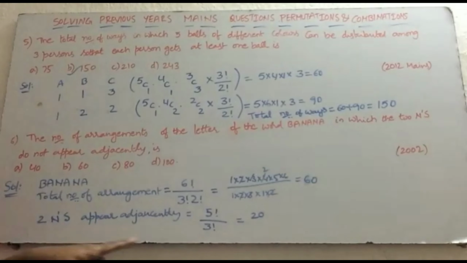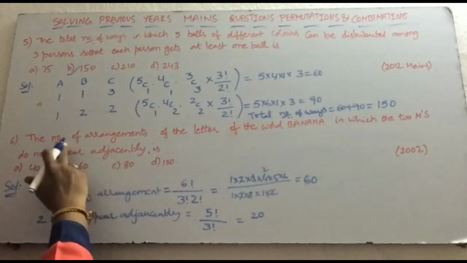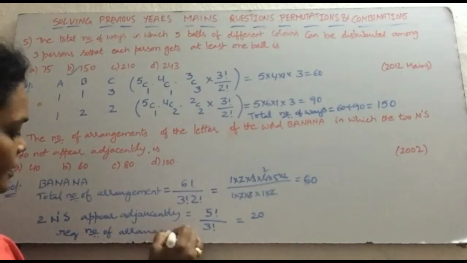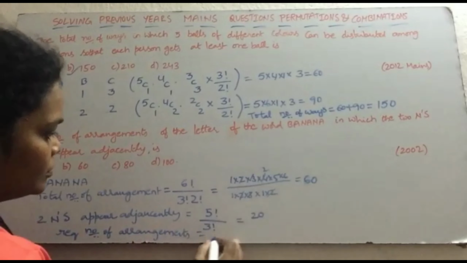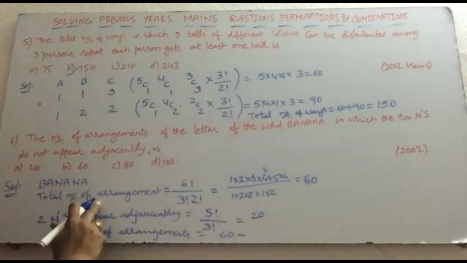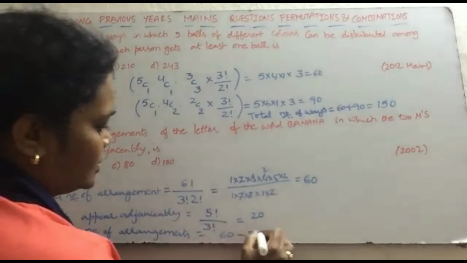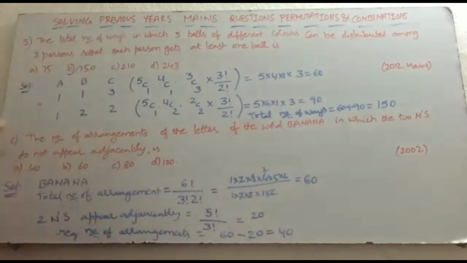So the 2 N's appear adjacently in 20 arrangements. So the required number of arrangements is equal to the total arrangements minus the arrangements where the 2 N's appear adjacently. So 60 minus 20 is equal to 40. So option A is the correct answer.